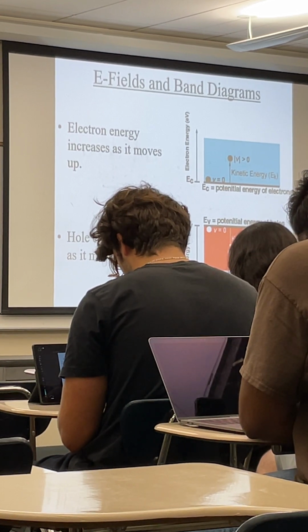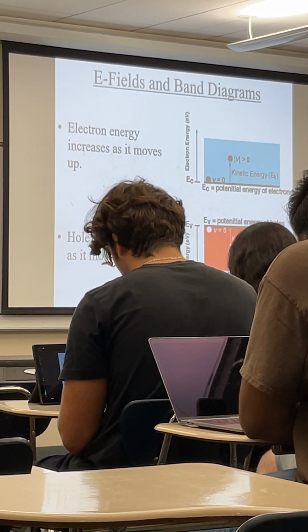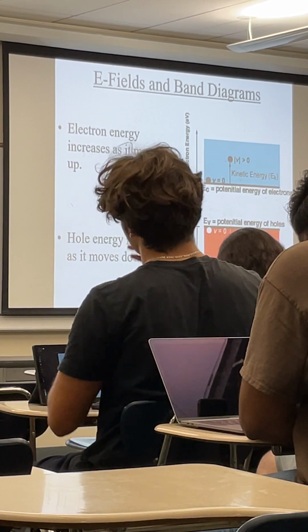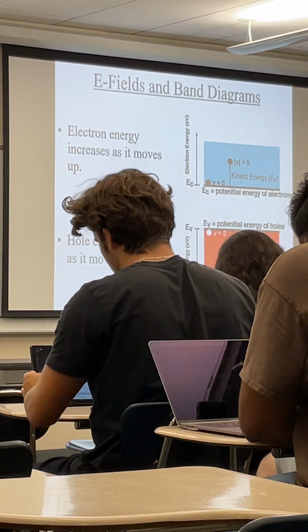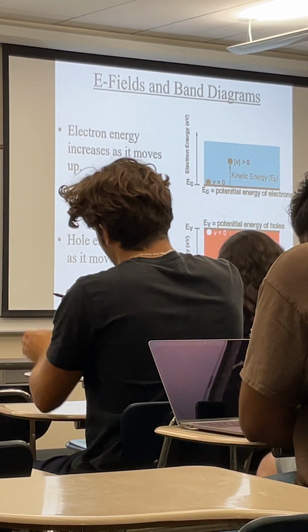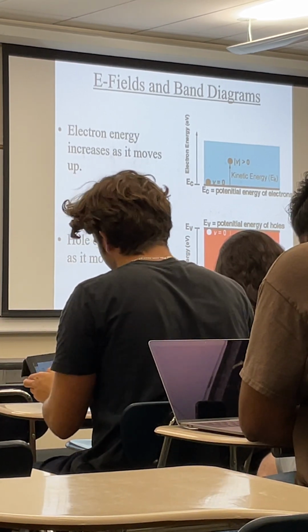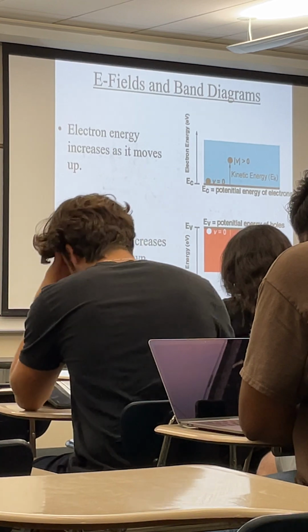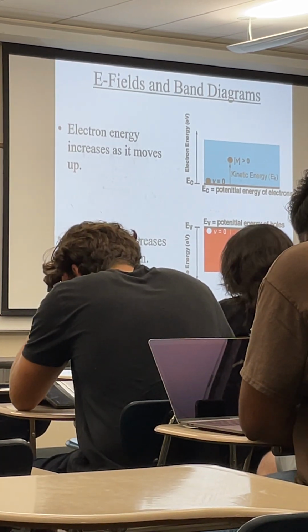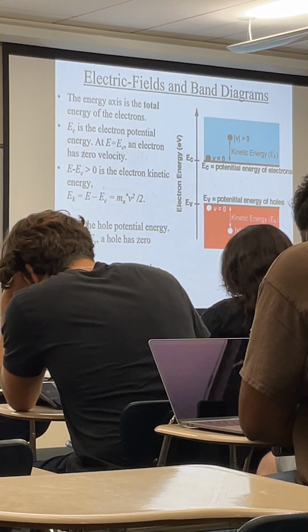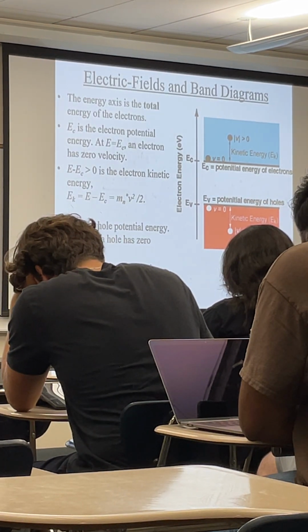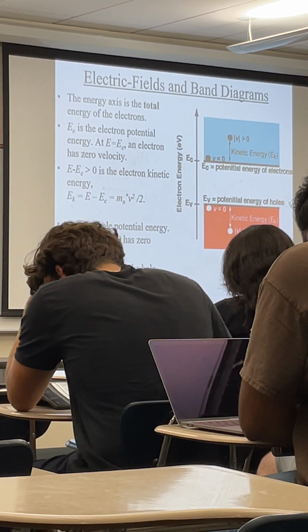So basically the electron energy increases as it moves up, and similarly, the hole energy increases as it moves down. In the previous slide, this is the electron energy, which increases when moving up.